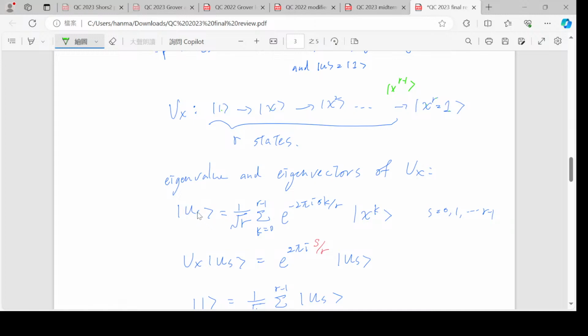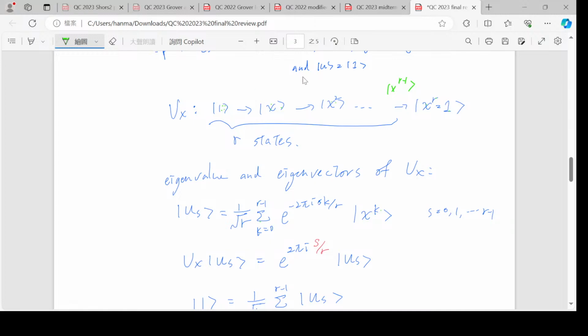There are different eigenstates, indexed by this small s, with s from 0 to r minus 1, and they are basically an equal superposition of x to the k, that is 1, x, x squared, up to x to the r minus 1. k equal to 0 is 1, k equal to 1 is x, k equal to 2 is x squared, etc. So it's a uniform superposition of these different states, but then you put some Fourier phase on them, and this phase depends on s.